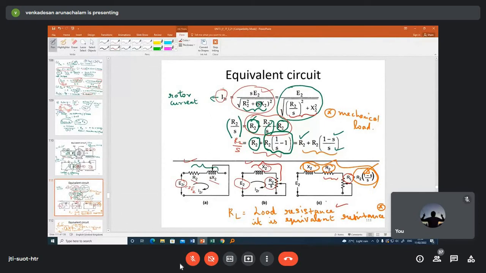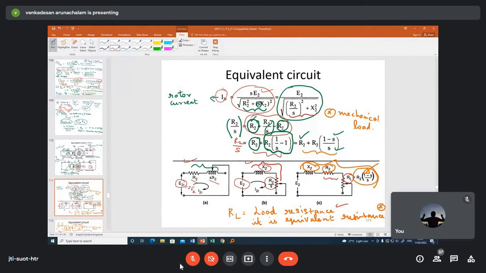This load resistance is the electrical equivalent of the mechanical load. To the induction motor, the mechanical load is generally coupled to the rotor. And that mechanical load, how can it be modeled? It can be modeled as the load resistance.